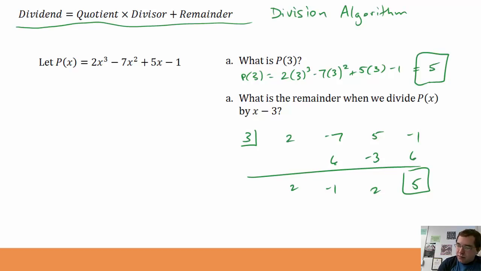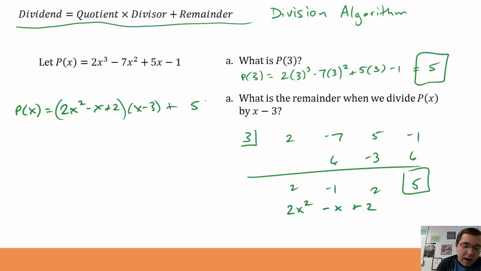I could write, according to the division algorithm, I could write p of x as the quotient, which I know is 2x squared minus x plus 2, because that's what I got as my answer when I did the synthetic division. So 2x squared minus x plus 2. The quotient times the divisor, which is x minus 3, plus the remainder of 5.